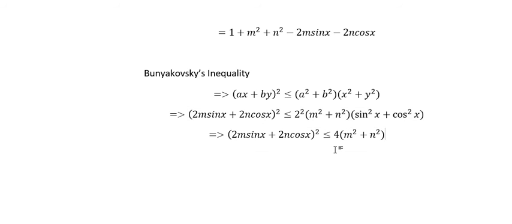Now we put the square root on both sides, and we get the range, which is 2 square root of m power 2 plus n power 2, and we have the negative here.